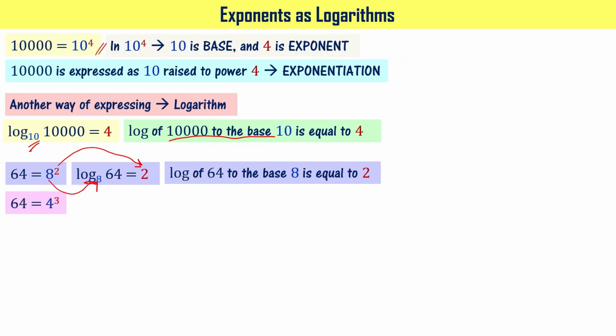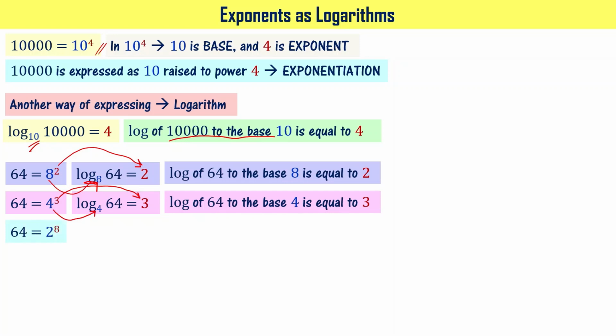We know that 64 can be expressed as 4 cube, right? If you want to convert this into logarithmic form, then this 4, which is base, becomes the base of the logarithm, and the exponent goes as the outcome. So it can be read as log of 64 to the base 4 is equal to 3.